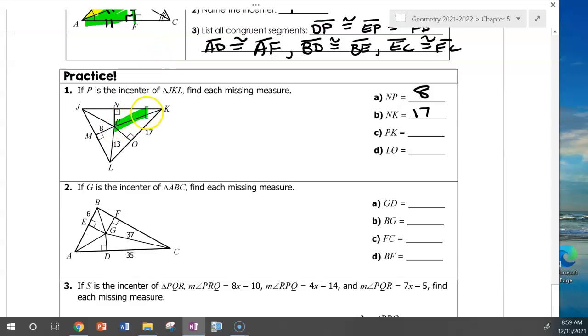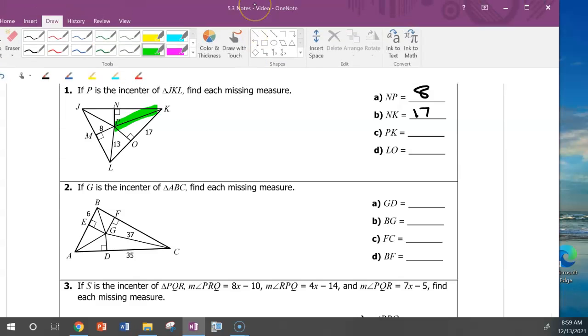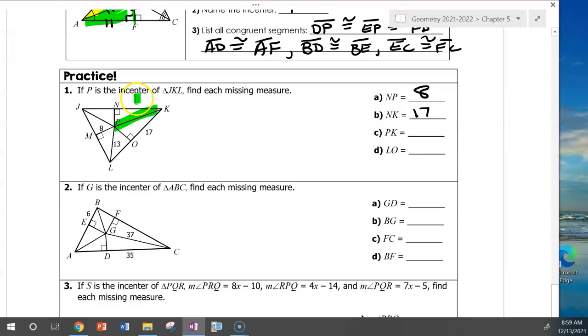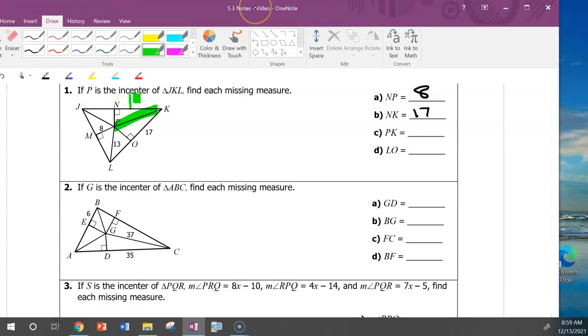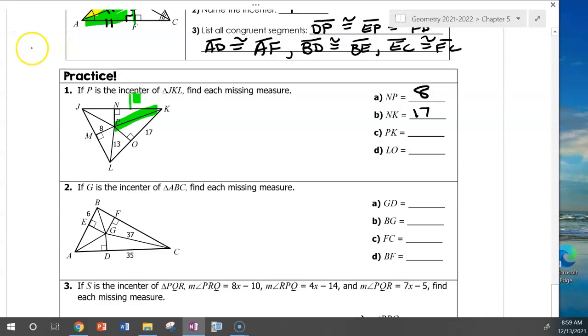Next it wants PK. So it wants this one. Interesting thing, we know NK is 17. I'm trying to get my pen to work. Every time I tap the pen, it doesn't actually get it. Let's try it again. That's 17. And we know that NP is 8. So there's our right triangle again. This time they're both legs.